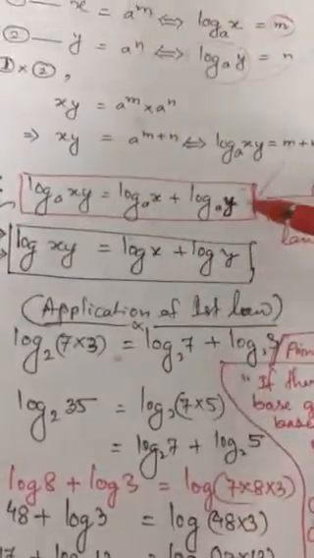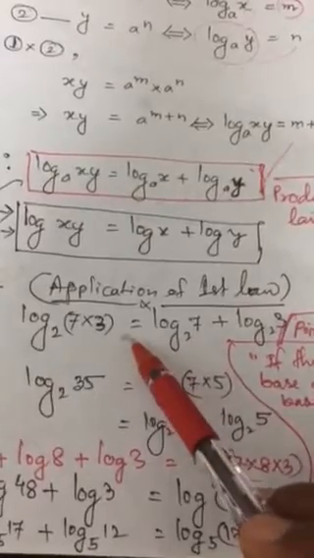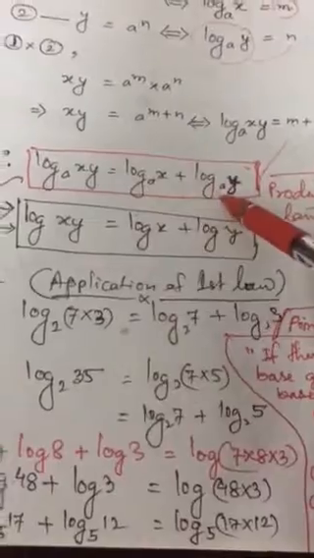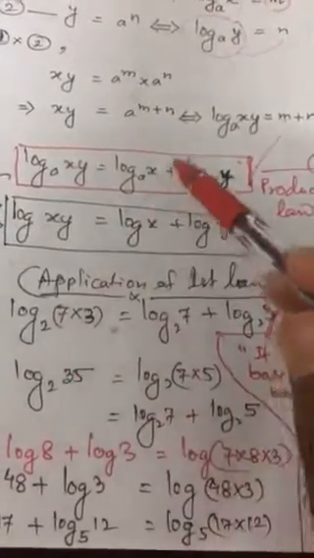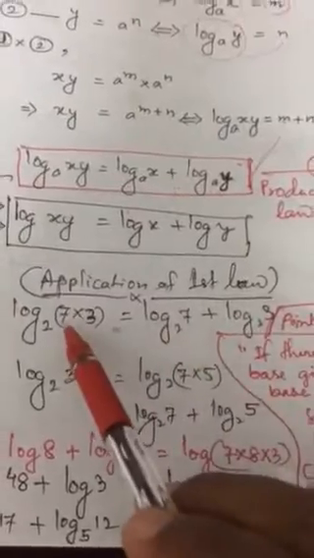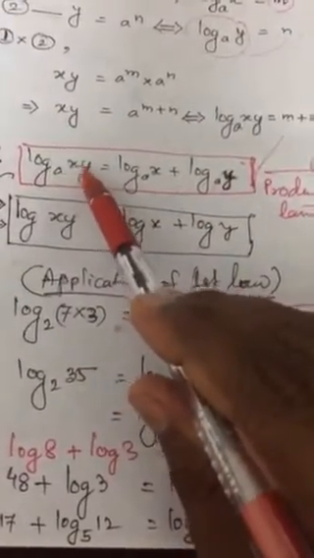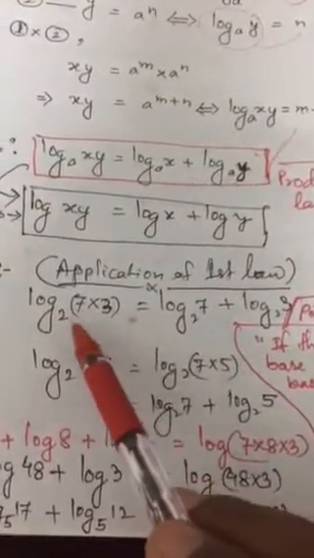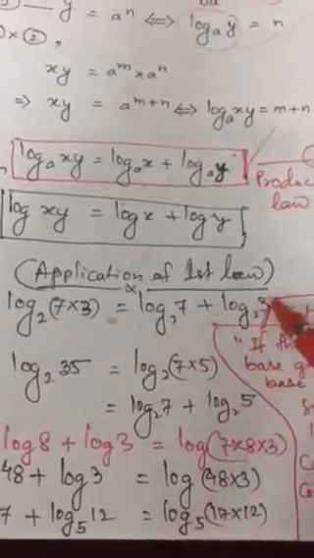You just compare this law with this application, how this law is written here, and how this application is done here, how this law is applied here. This is x multiply y, there is no sign, means there is multiply here, 7 multiply 3. So log 7 multiply 3 to the base 2 is log 7 to the base 2 plus log 3 to the base 2.